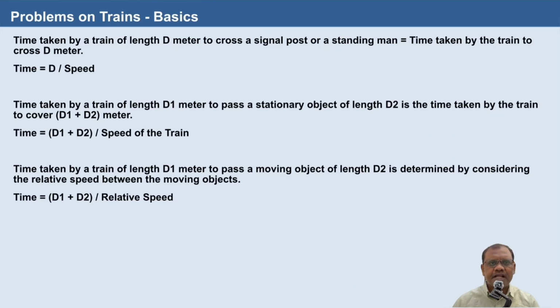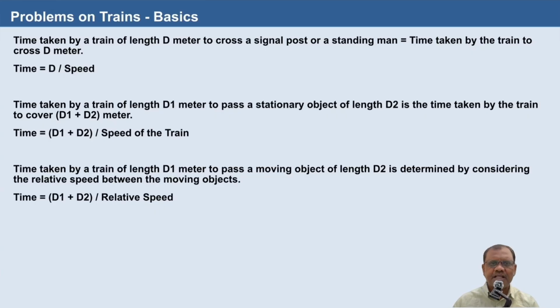Next, the time taken by a train of length d meters to cross a signal post or a standing man is d divided by the speed of the train. The distance it has to pass is the length of the train to cross the standing man or the signal post.